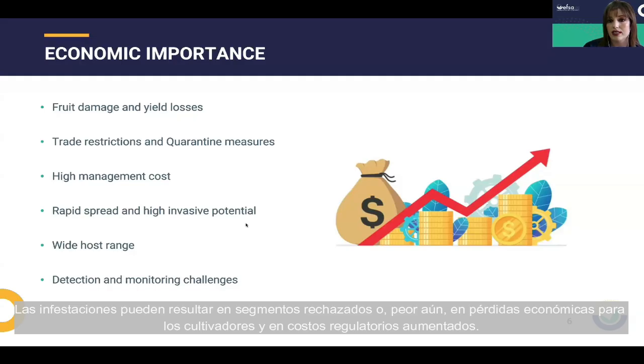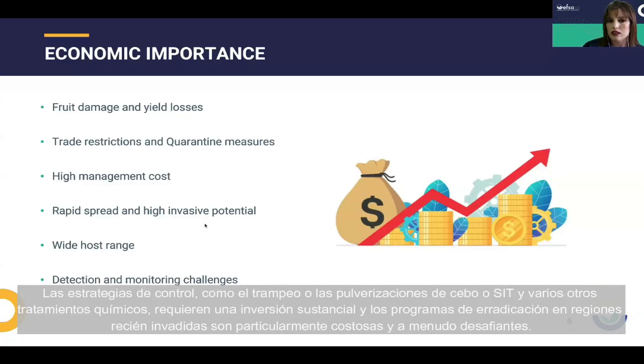Infestations can result in rejected shipments or even worse, economic losses for growers and increased regulatory costs. Control strategies such as trapping, bait sprays, SIT and several other chemical treatments require substantial investment, and eradication programs in newly invaded regions are particularly costly and often challenging.